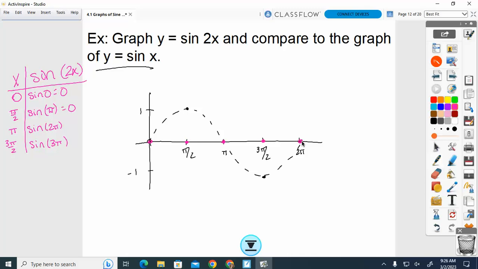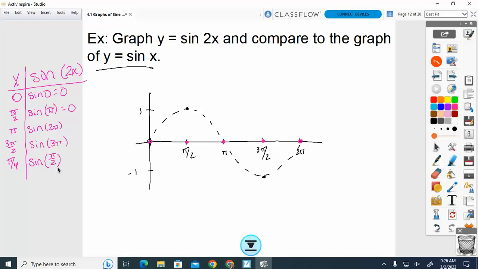What's halfway in between 0 and pi over 2? Pi over 2 is 90. What's halfway in between 0 and 90? 45. So pi over 4. If I put in pi over 4, 2 times pi over 4 is pi over 2.